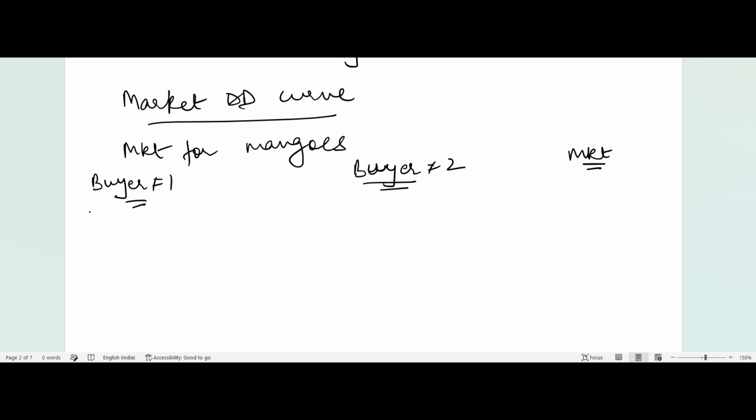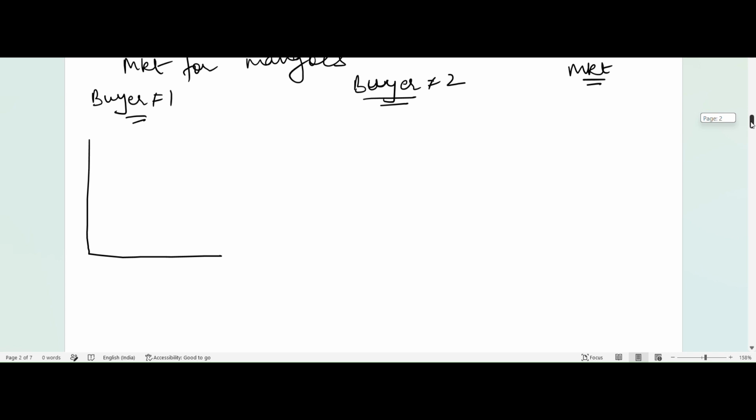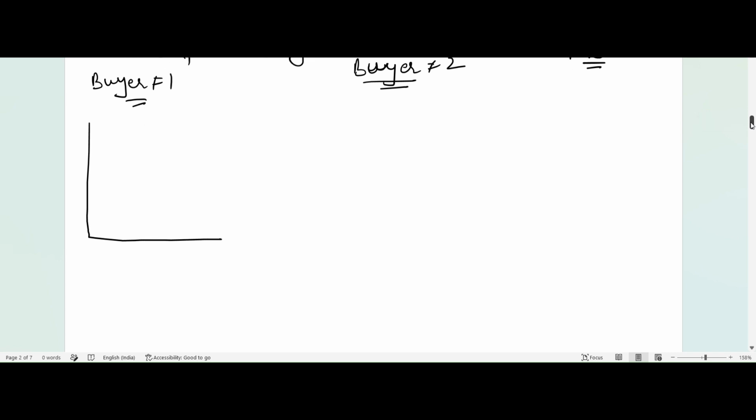Now let's say for buyer one, I'm giving you this demand curve. Here is again quantity demanded, and here again is the price, and I have 1, 2, 3, 4, and $5.